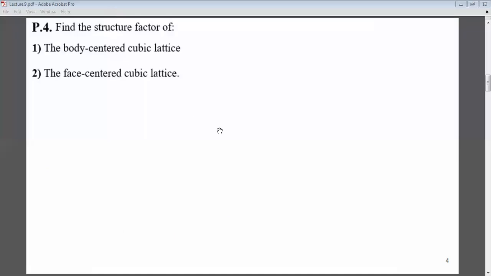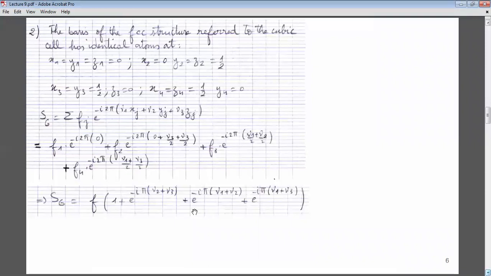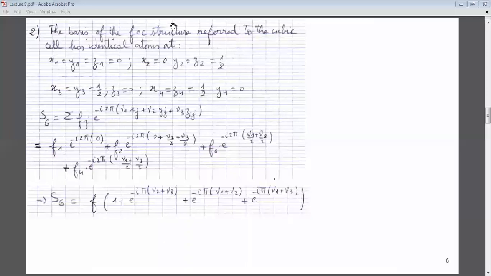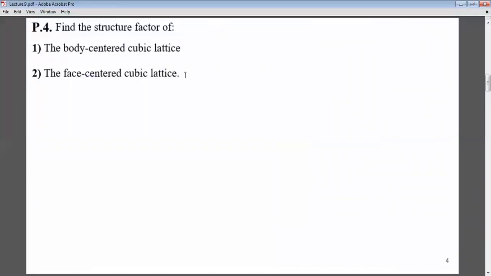Let's do the case of face center cubic. I'll just read it here. The basis of an FCC structure referred to the cubic cell has identical atoms at 0, 0, 0, 0, half, half. So for face center, the atoms I have are at 0, 0, 0, half, half, 0, half, 0, half, and 0, half, half.